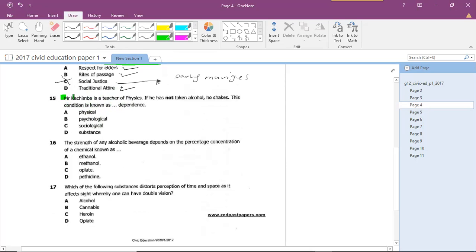Mr. Kachimba is a teacher of physics. If he has not taken alcohol, he shakes. This is a characteristic of a substance abuse disorder. This condition is commonly known as substance dependence. And the substance here, we identify, is alcohol.